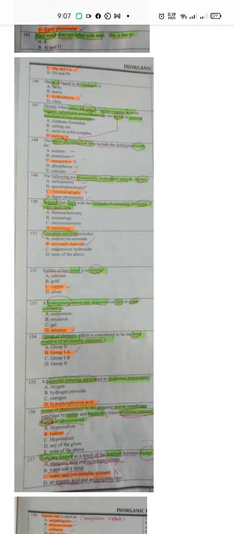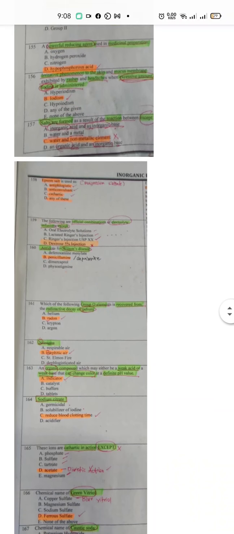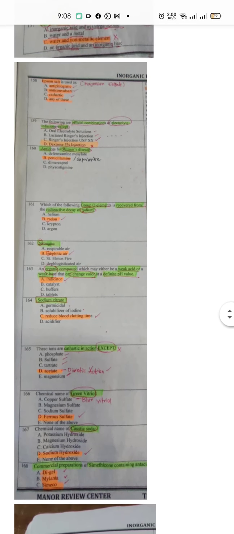Why? Because water and non-metallic element, there will be no reaction at all. So, no salt is formed between the reaction of the water and non-metallic element. Okay, number 158.